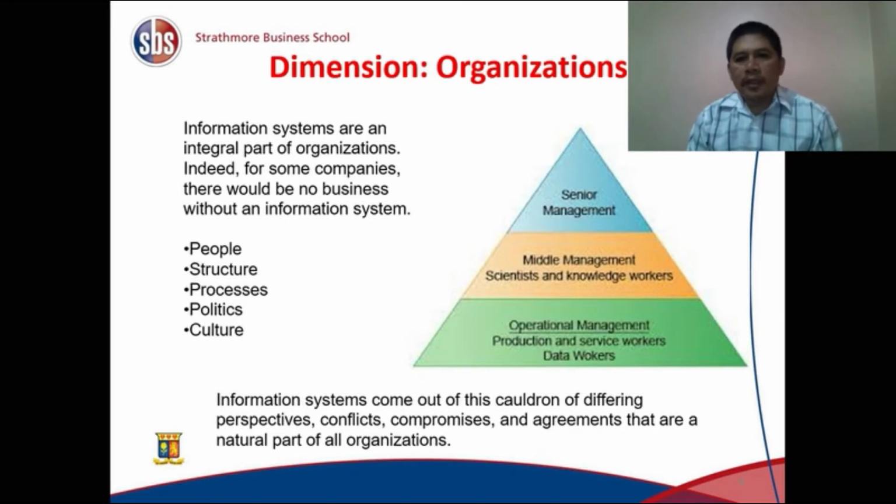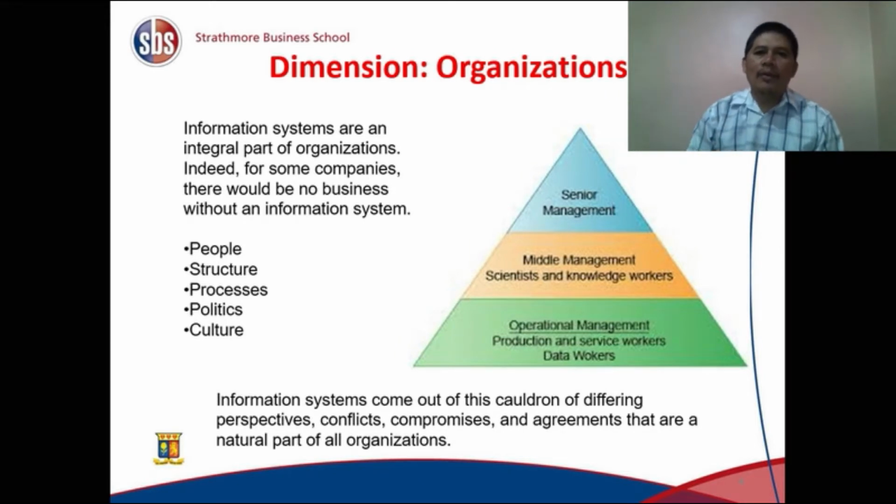So when we talk about organizations, an organization is composed of people, structure, processes, politics, and culture. Information systems can come out of this cauldron of differing perspectives, conflicts, compromises, and agreements that are a natural part of all organizations.